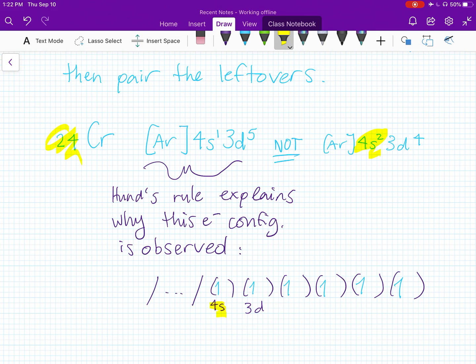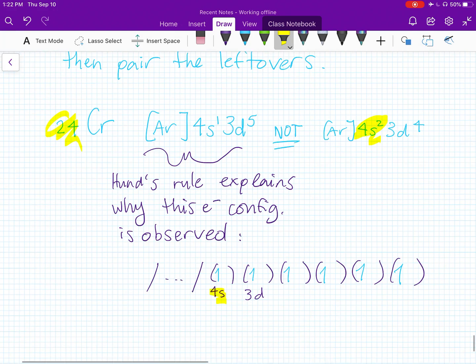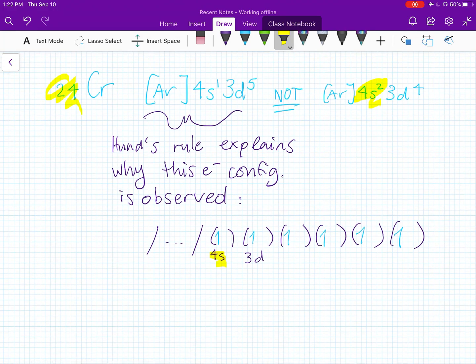So 4s and 3d are very, very similar in energy, and it actually would cost more energy to spin pair the electrons in the 4s orbital than it does to just put them all in their own orbital. So this is going to be the more stable arrangement, okay? This avoids the spin pairing energetic cost.